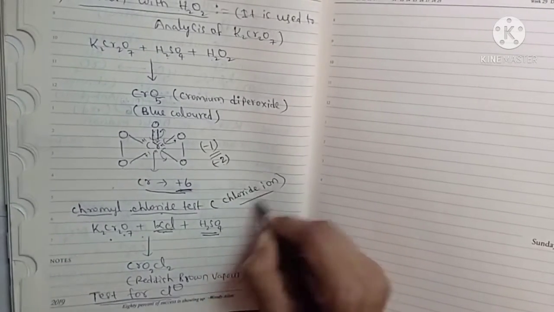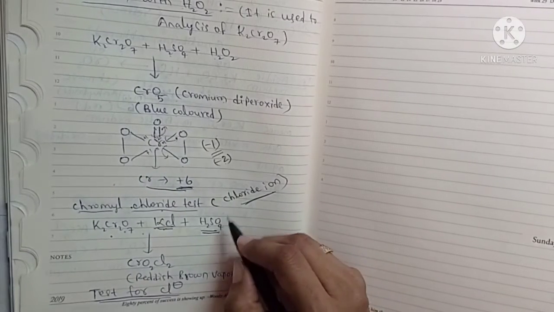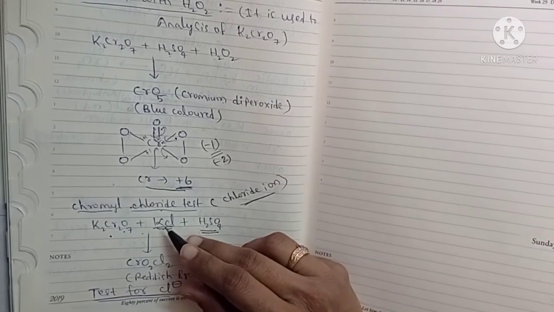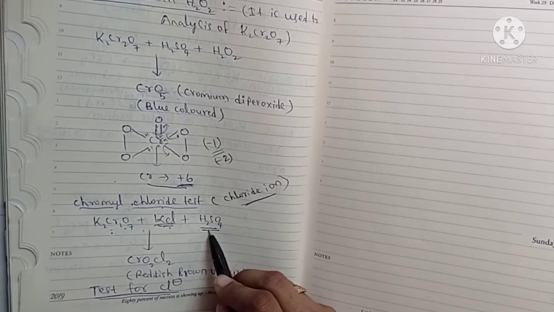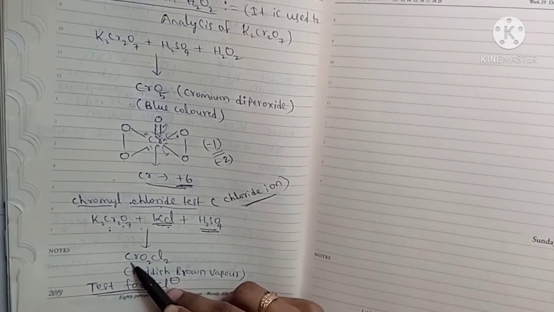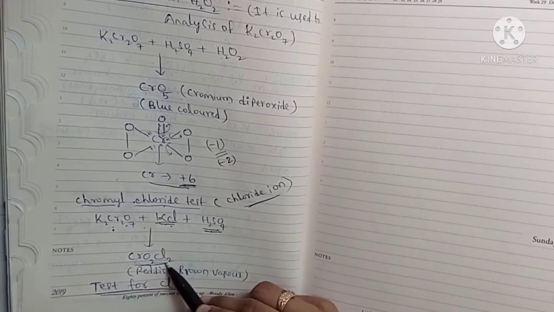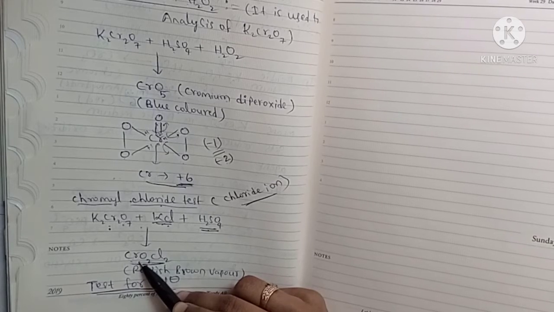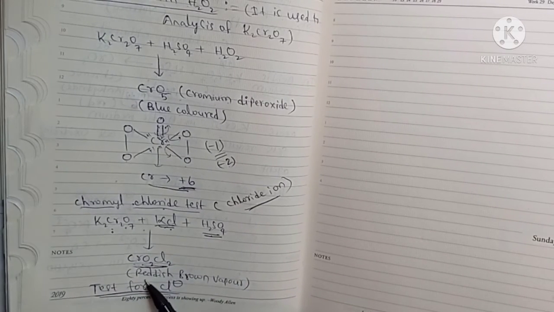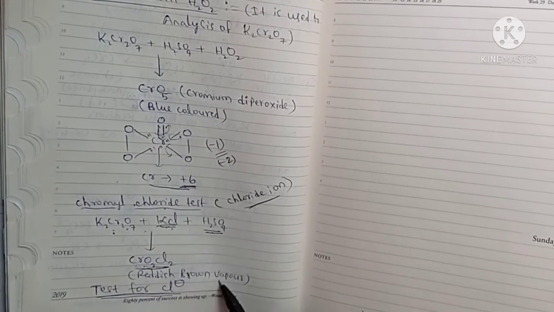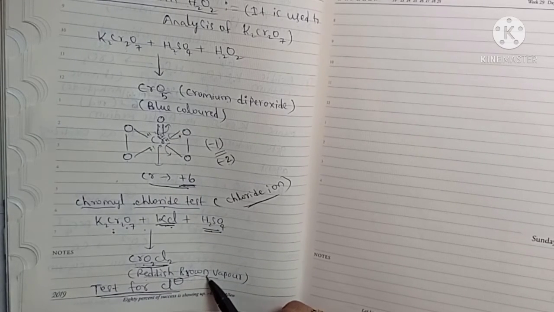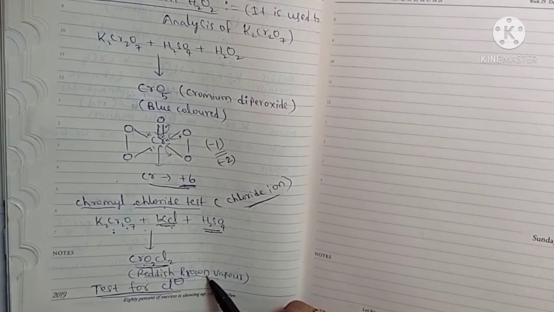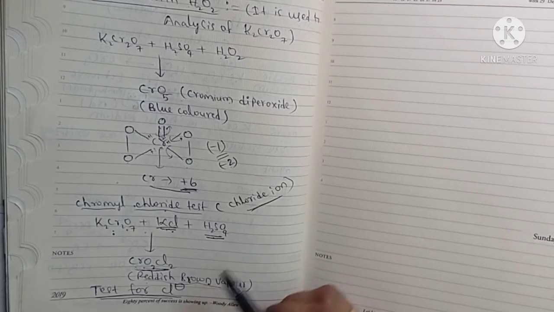When K2Cr2O7 is added to KCl and H2SO4, it forms chromyl chloride, which is reddish brown in color, in the form of liquid and vapor.